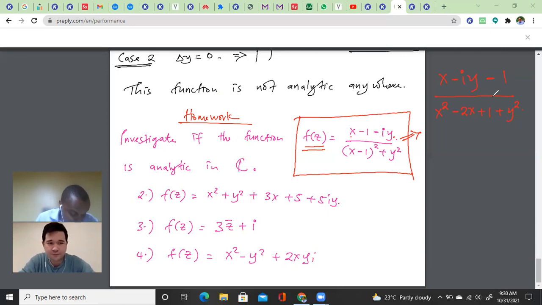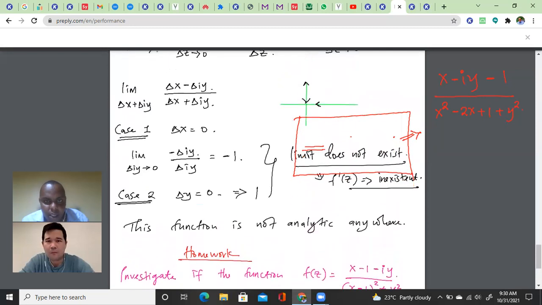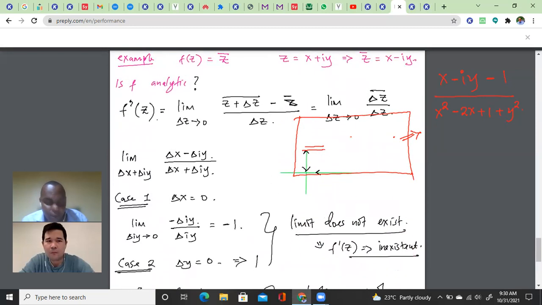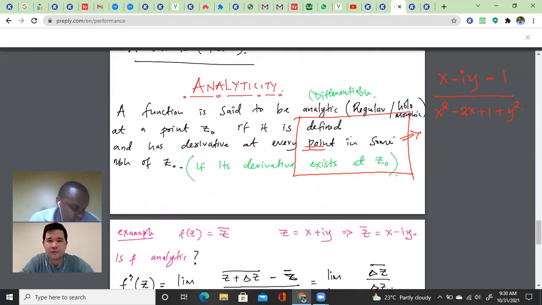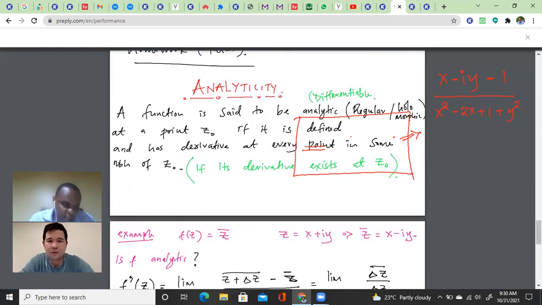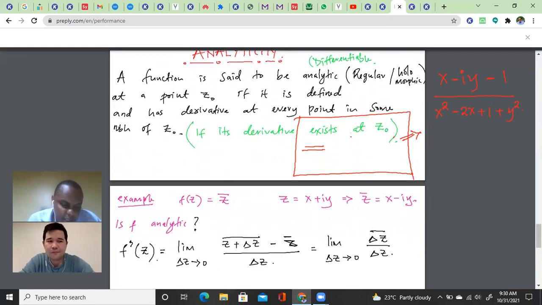I was picking the questions at random, so I'm just looking for it. Somewhere here. So we checked this one for z bar, right? Yes. That was the talk of analyticity. I can see it there, second case. I've seen that one. Oh yeah, I found it.